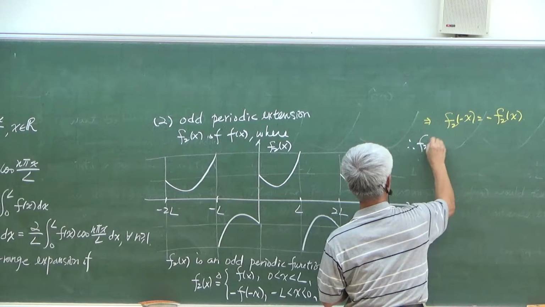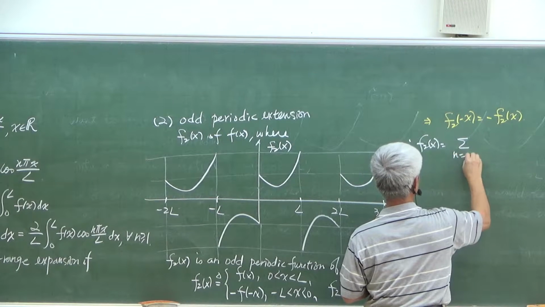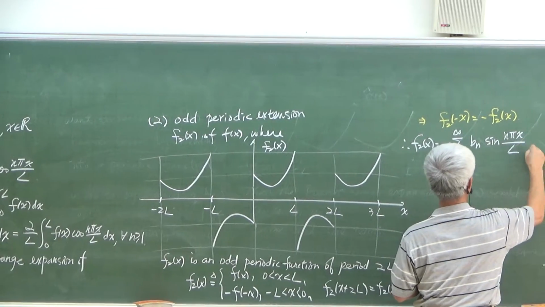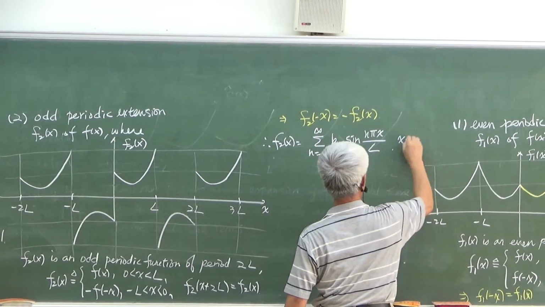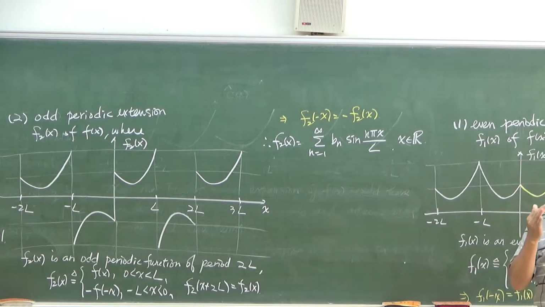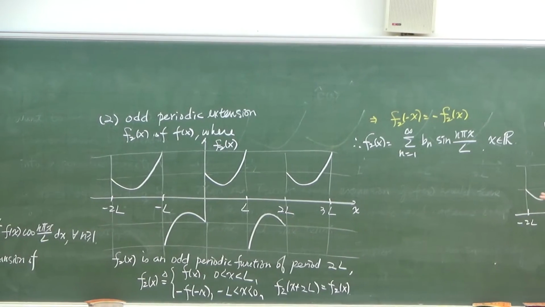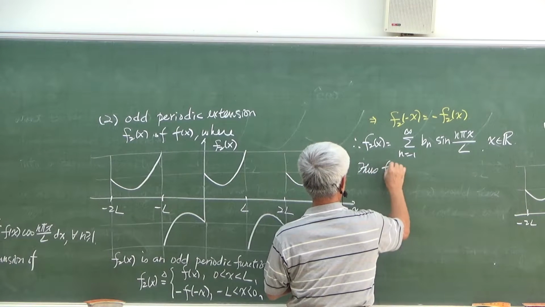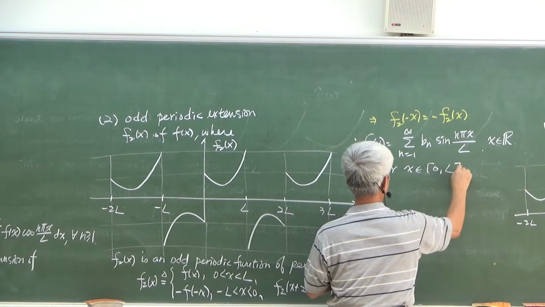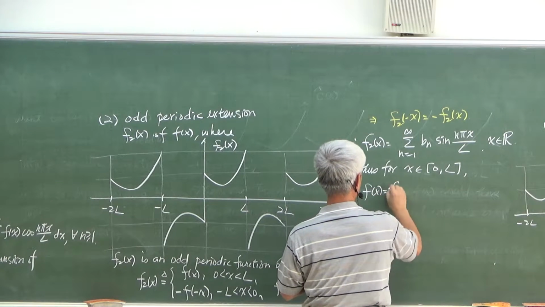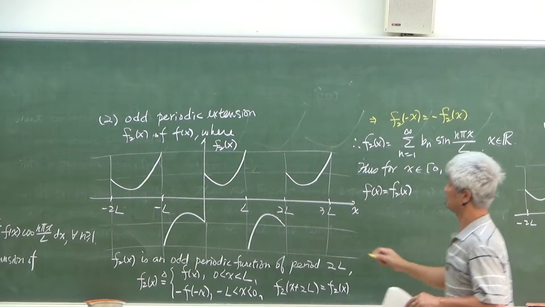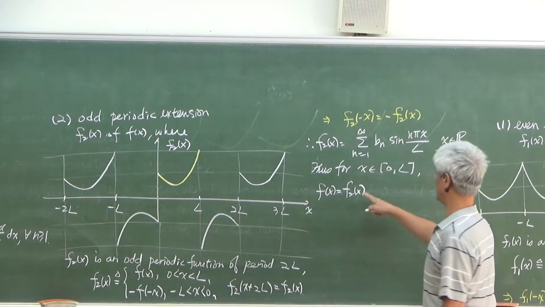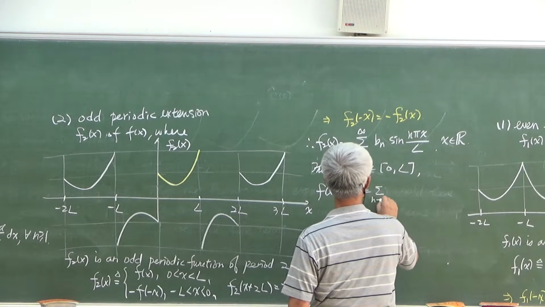So f2(x) becomes the summation of bn sine n pi x divided by L, for all x in R. Because f2(x) is a periodic function on the real line, for x in 0 to L, the original function is equal to f of x, so this becomes true.